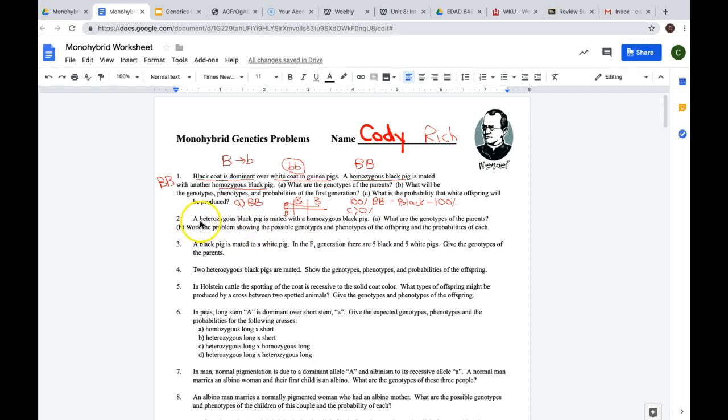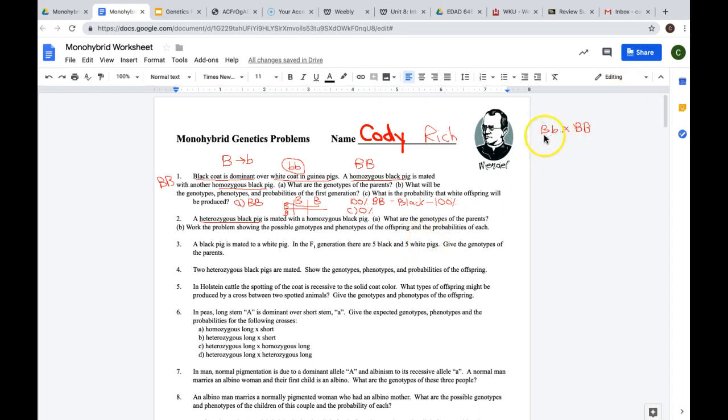A heterozygous black pig. So heterozygous is big B, little b, but it's black, so it still has one dominant allele. It is mated with a homozygous black pig, two dominant alleles.